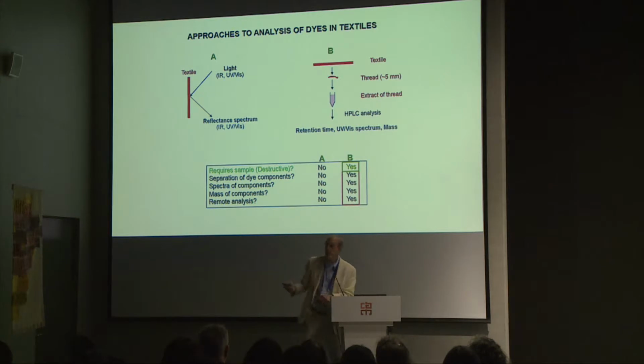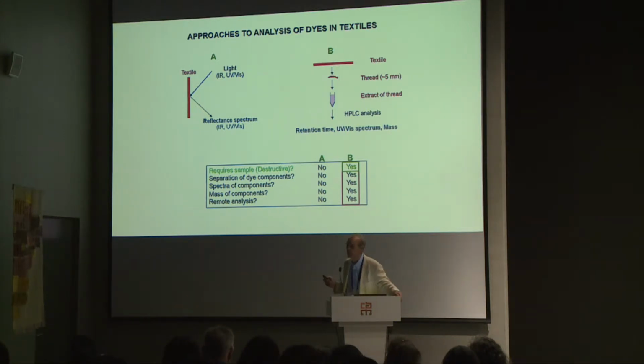If you're using this approach, you either have to bring your instrument to the textile, or you have to bring the whole textile to the instrument. And sometimes this is difficult. With the method that we use, and most people use actually, you can just take a small sample of the textile and send it off and have it analyzed.